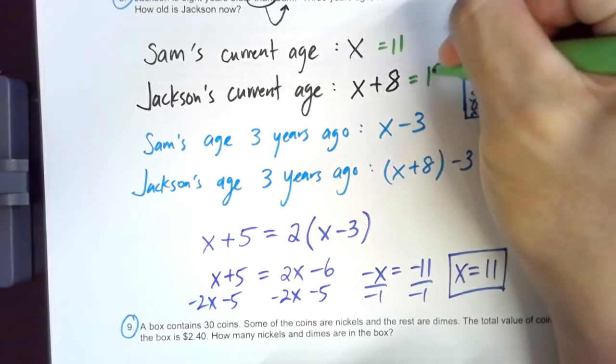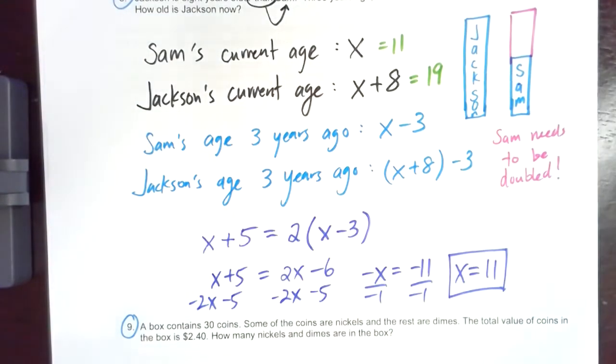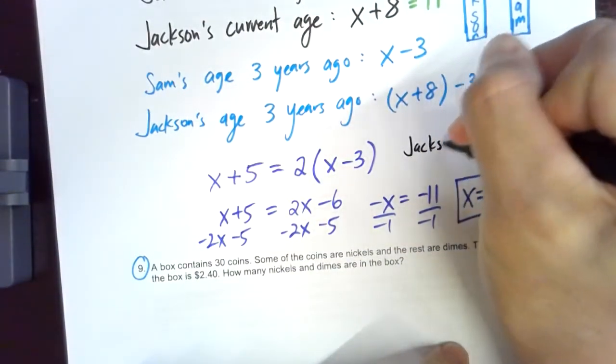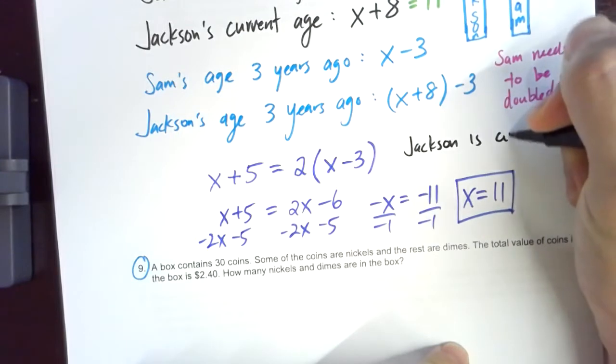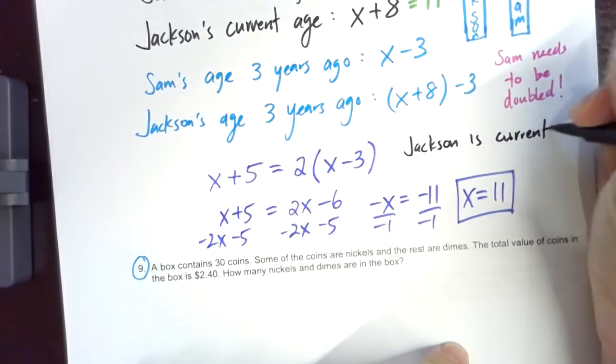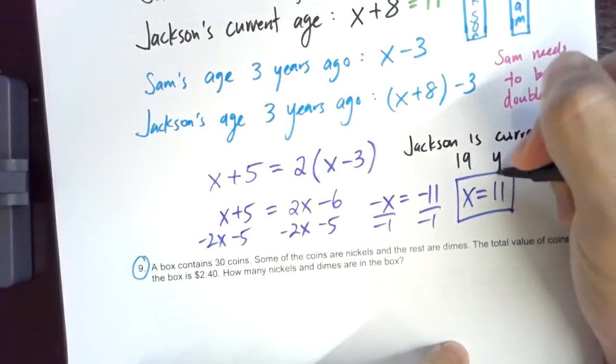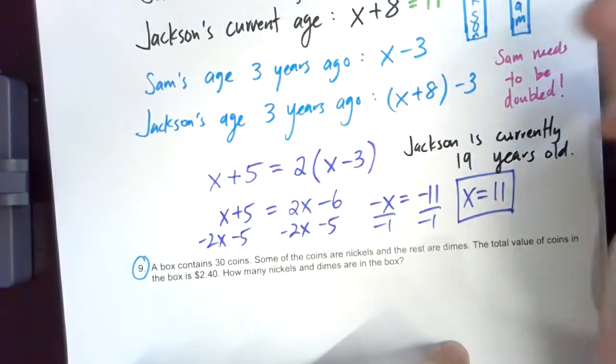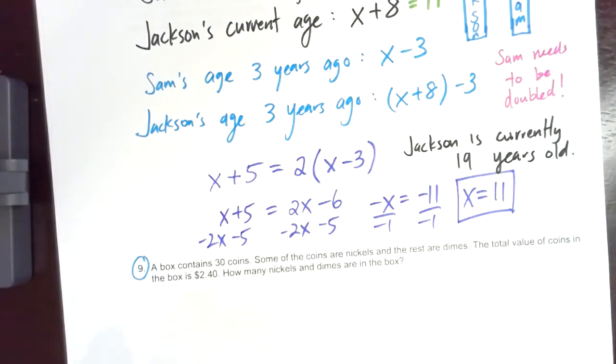So then I know that Jackson right now is 19, right? X plus 8 is 19. And you would say Jackson is currently 19 years old.